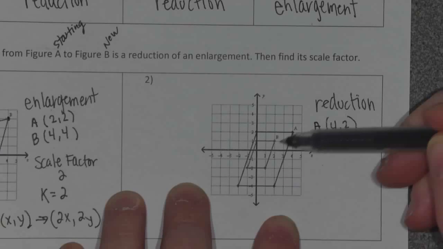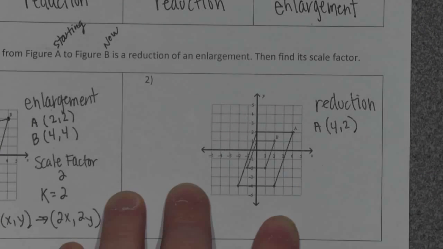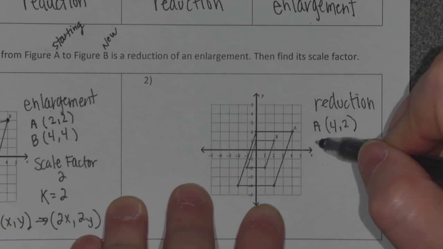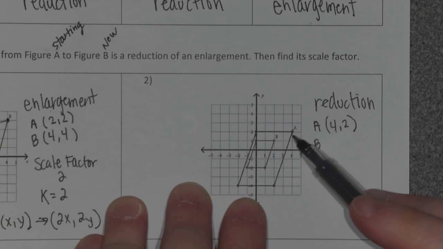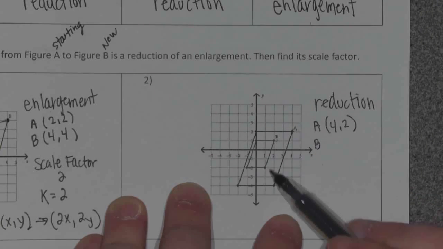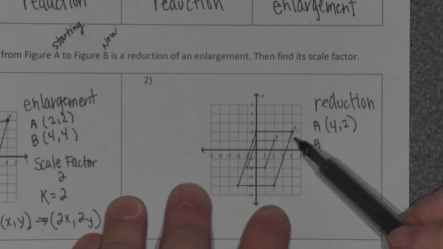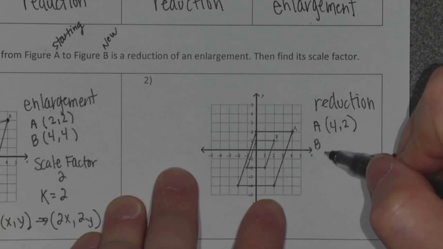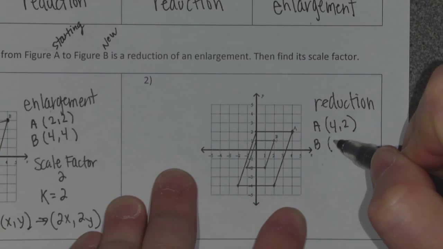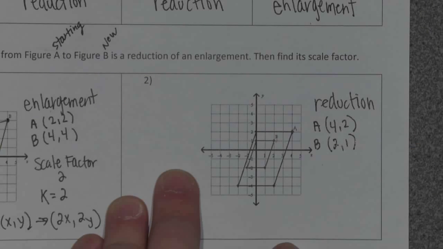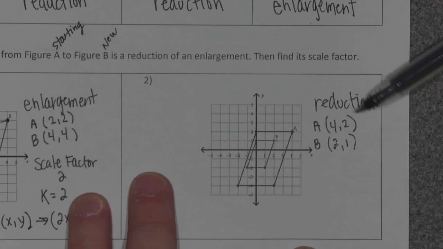And you could pick any of your ordered pairs. I just am going to pick that one. You could choose any of them as long as you compare the same corner to the same corner on your shape. So if this is 4, 2 starting out with, and then B becomes 2, 1, what did I multiply by to get from 4 to 2 and from 2 to 1?